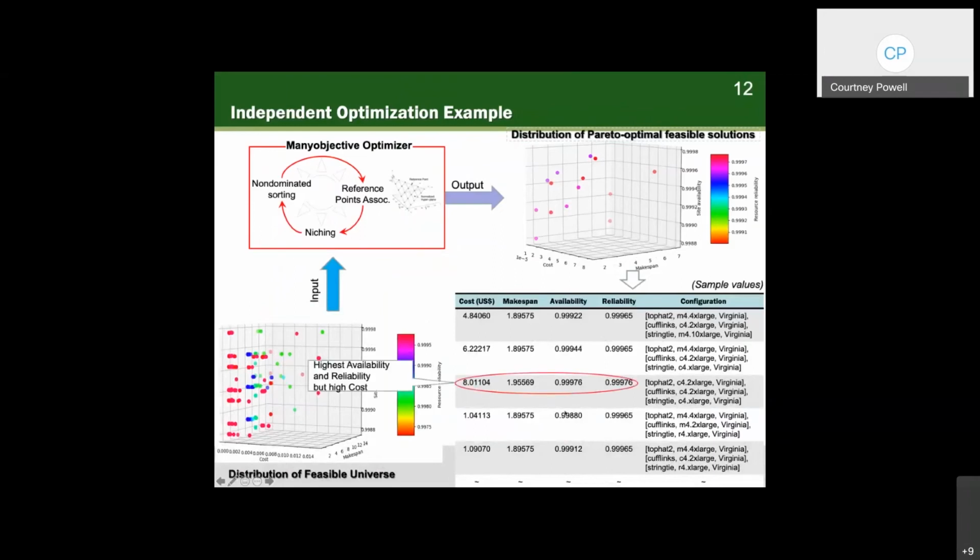So here you can see where this one has the highest availability and reliability, but the cost is very high. Whereas this one has a very low cost, but the reliability and availability are not as good. So the user would have to choose from among these configurations, depending on which objective they actually prefer.